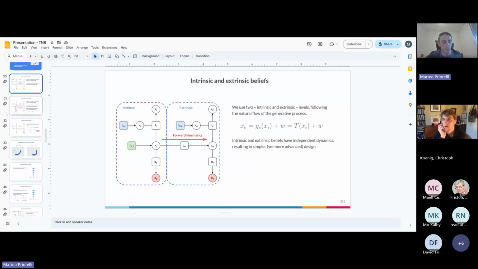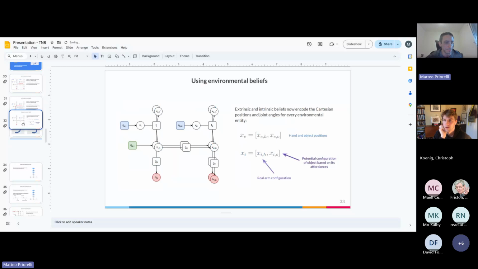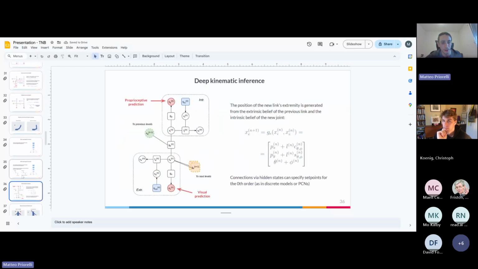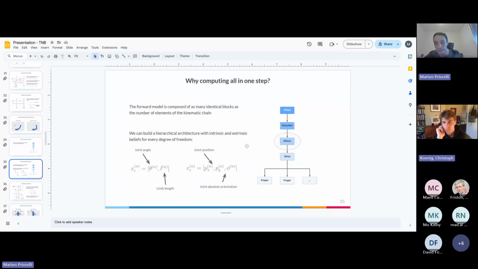So considering this model here, we have a deep hierarchical representation of these intrinsic and extrinsic states. From a body-centered frame of reference, we generate the joint angles and the position of the limb in an iterative way.